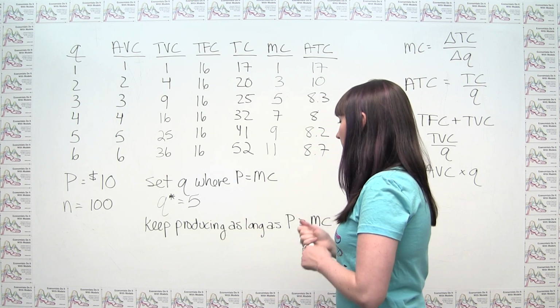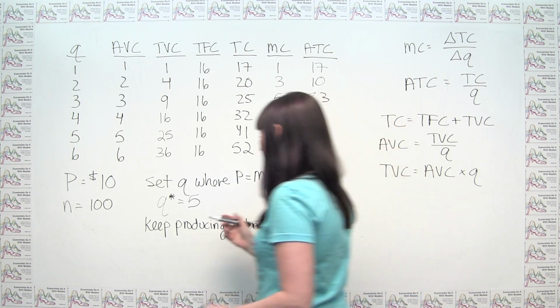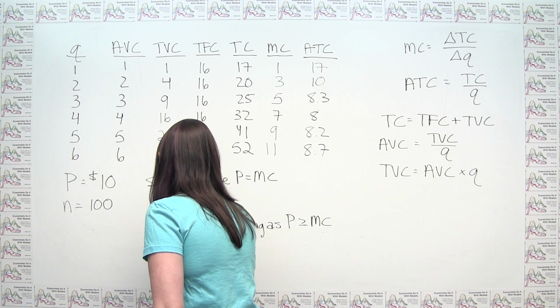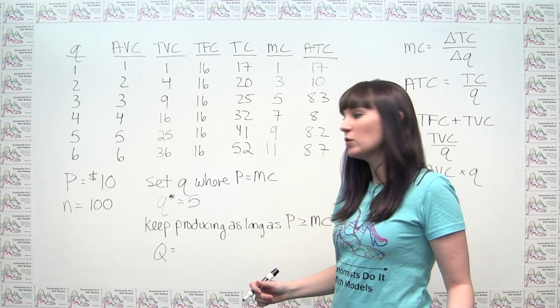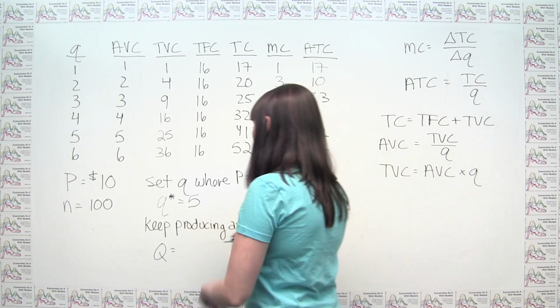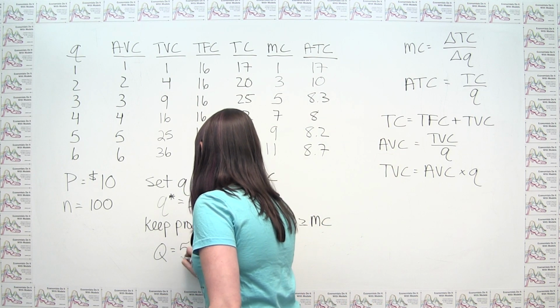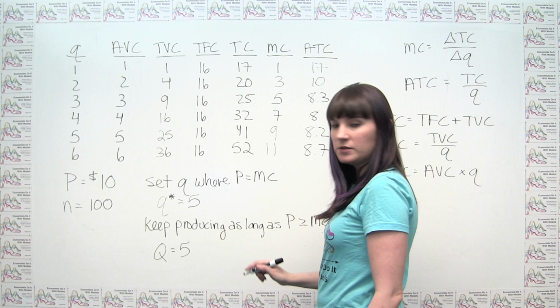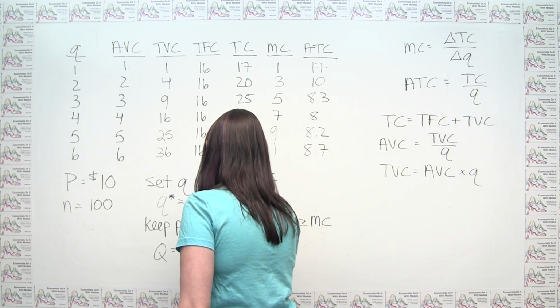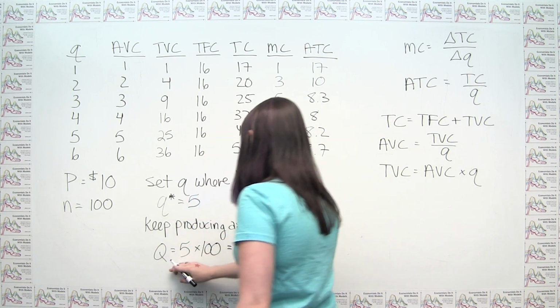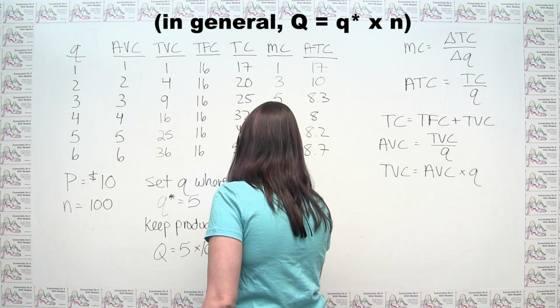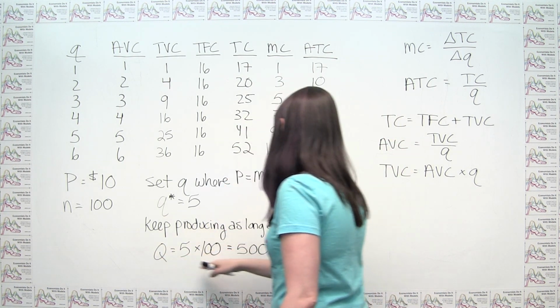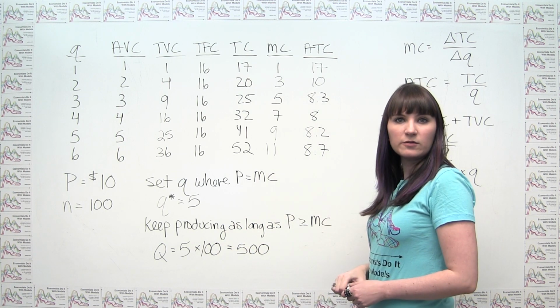So our market quantity, call that big Q for market quantity, as opposed to lowercase q for individual firm quantity, is just going to be how much one of these firms is producing times how many firms there are. So our market supply at a price of $10 is going to be 500 units.